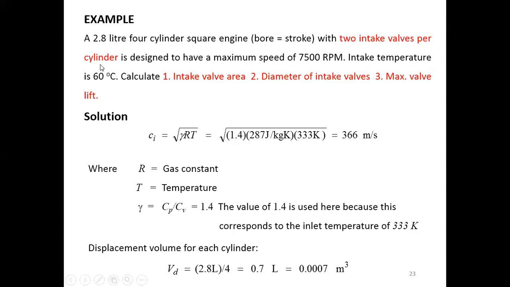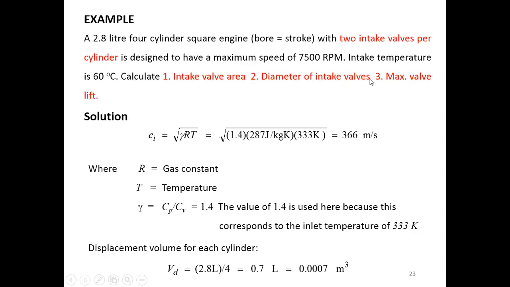It is designed to have a maximum speed of 7,500 RPM. The intake temperature is 60 degrees Celsius. Calculate the intake valve area, the diameter of the intake valve, and the maximum valve lift.